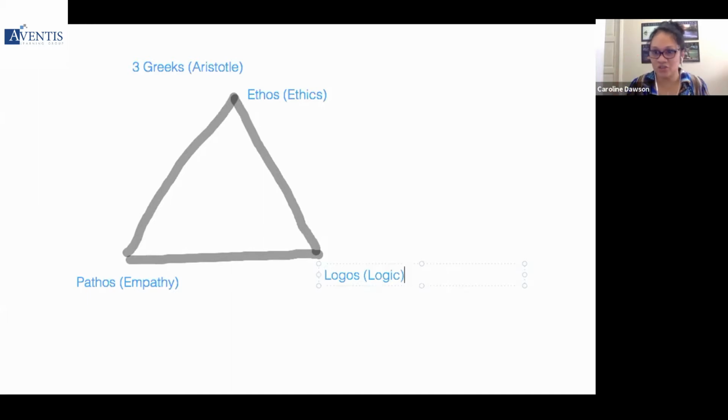Quick question to ask all of you. Looking at these three Greeks, which of the three do you believe is your personal strength? Can you please type that in the group chat? No right or wrong. This is all about you, your personal strength. Everybody, please do this. Thank you. Some say logic, empathy, ethics.